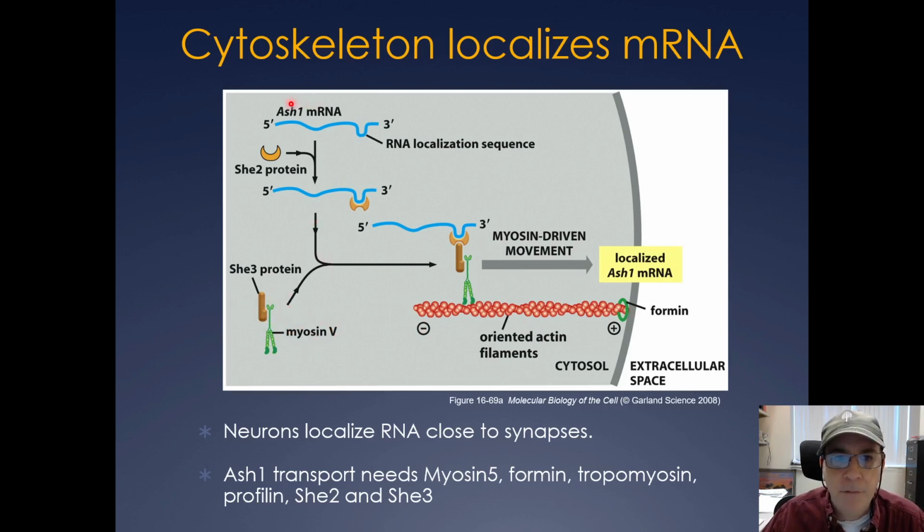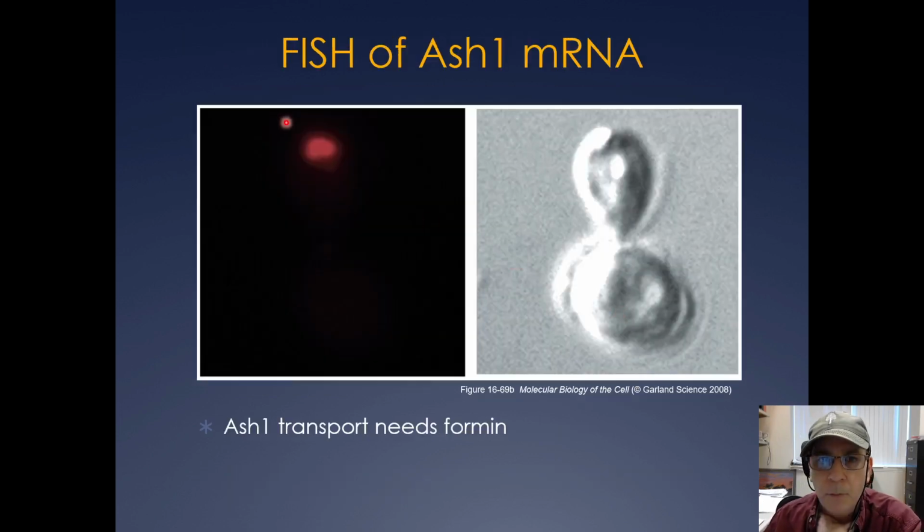And then you have your ASH1 messenger RNA, which is bound by the She2 protein, and the She2 and She3 proteins come together, and the myosin 5 can then walk along the actin filament towards the plus end, and that's how the messenger RNA gets localized to the bud tip here.